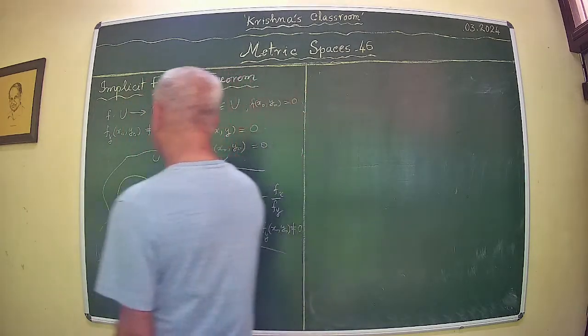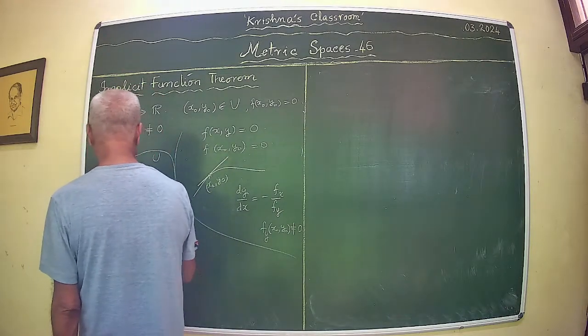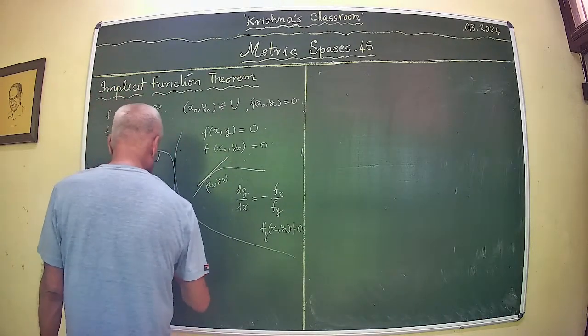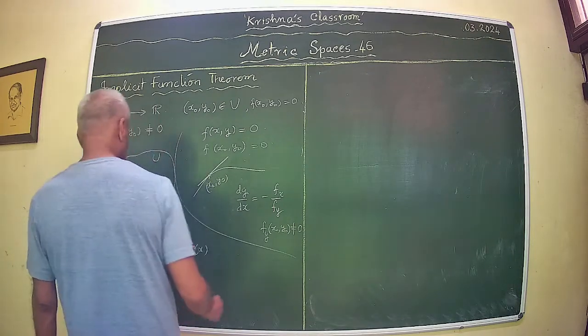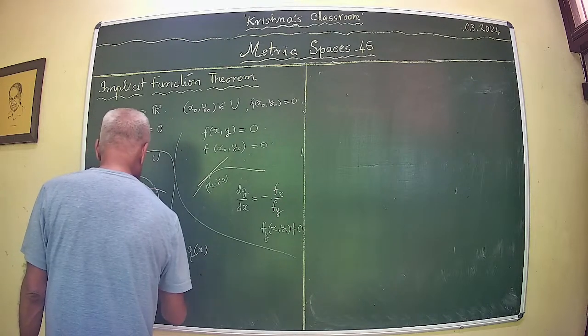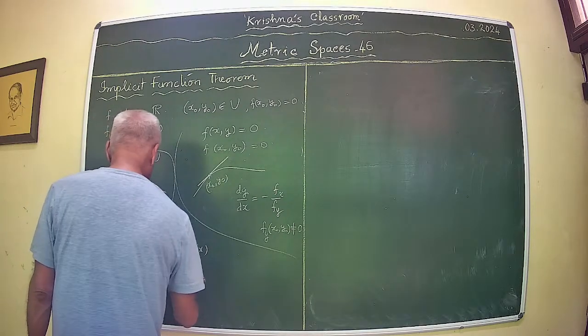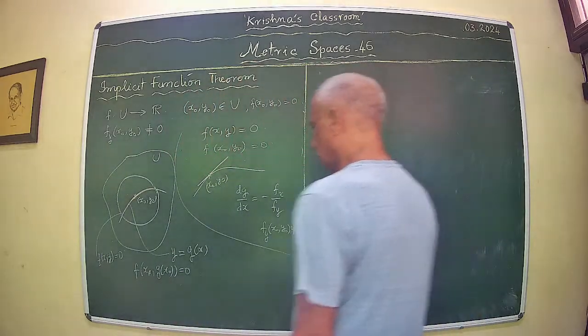There's a well-defined tangent here for this portion of the curve, and this can be written as y as a function g of x, so that f of x naught, g x naught is equal to 0.